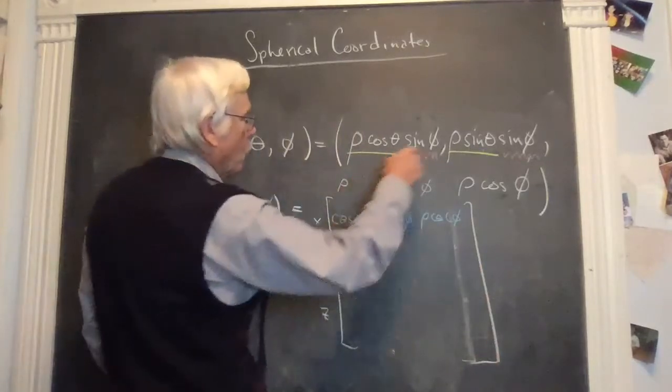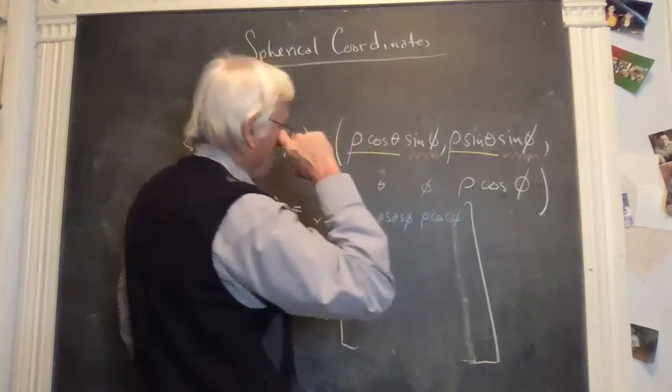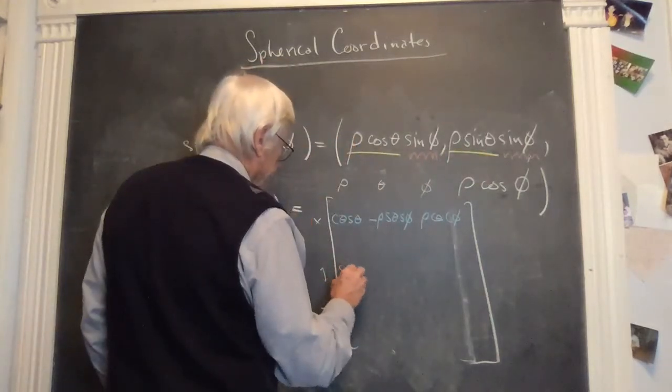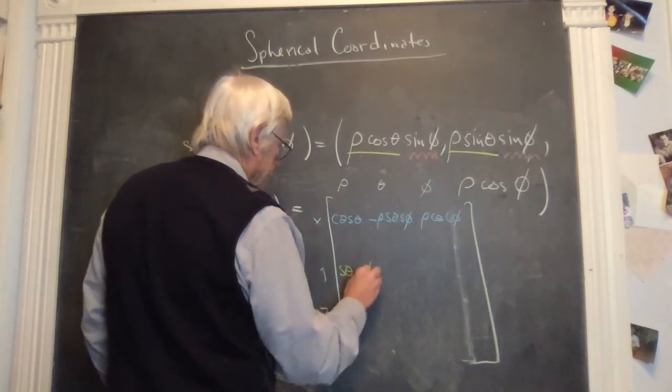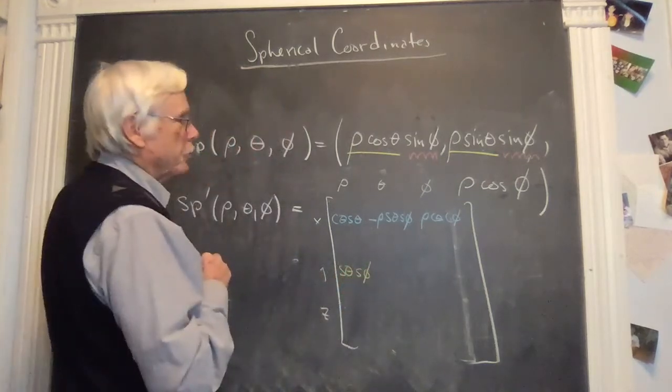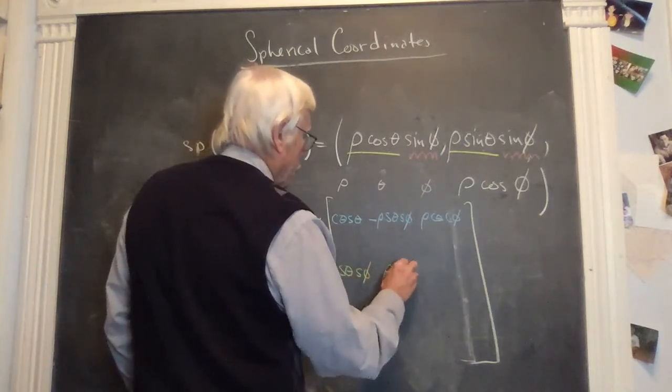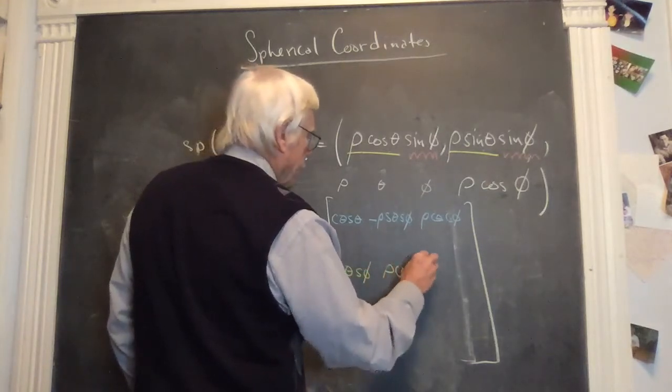For the next row, for the y here, the derivative with respect to rho is sine theta sine phi. The derivative with respect to theta is rho cosine theta sine phi.